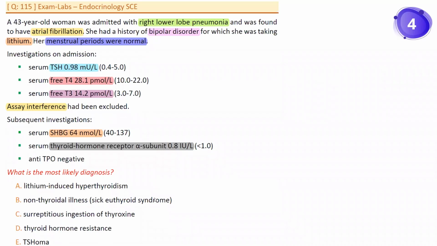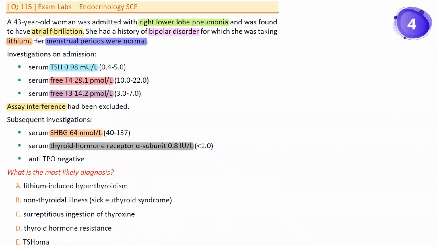What about lithium-induced hyperthyroidism? Normal TSH excludes a primary thyroid disorder. It excludes lithium-induced hyperthyroidism and amiodarone-induced thyrotoxicosis. What about non-thyroidal illness syndrome? Low T3.